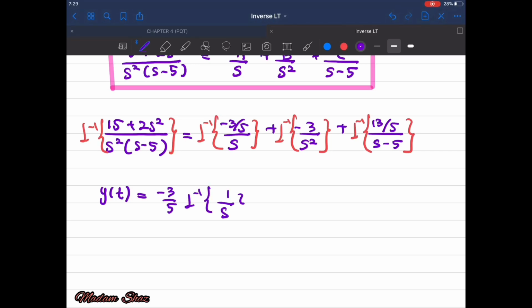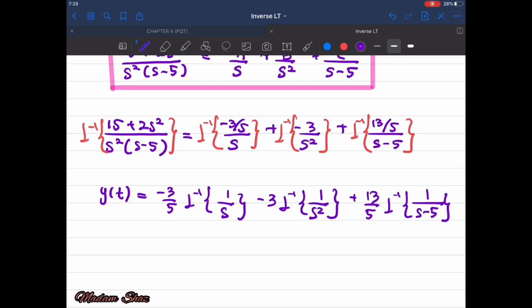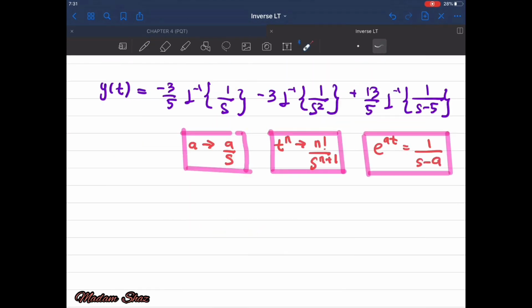1 over s, minus 3 Laplace inverse 1 over s square, plus 13 over 5 Laplace inverse 1 over s minus 5. So now refer to the table of the Laplace transform in order to solve Laplace inverse 1 over s. By referring to the table, a is equal to a over s. So therefore, Laplace inverse 1 over s will become a.